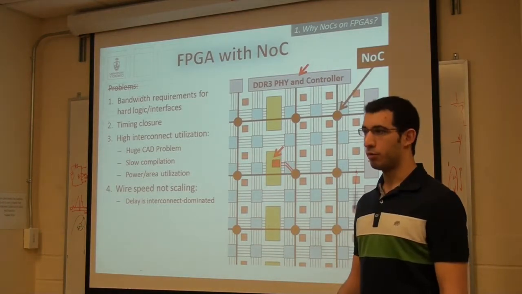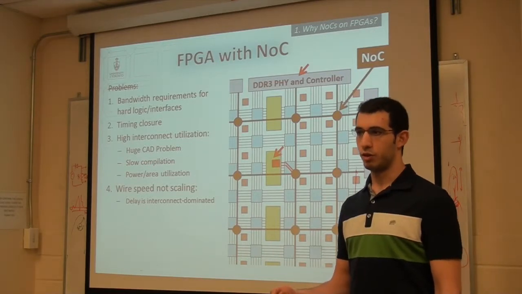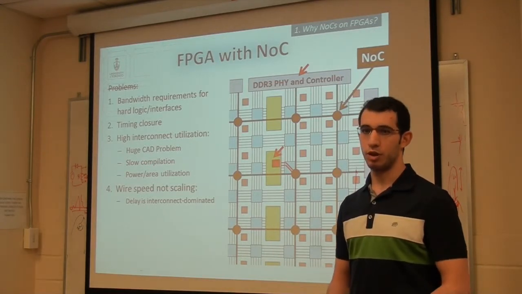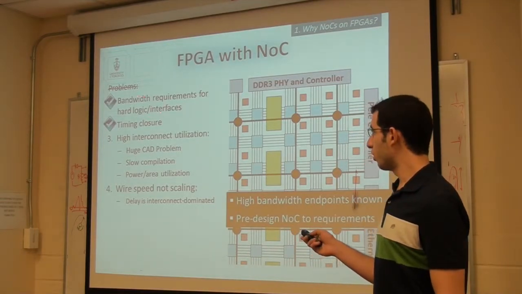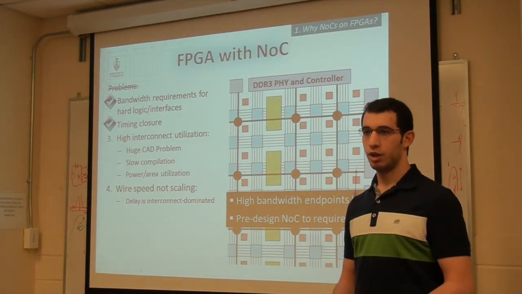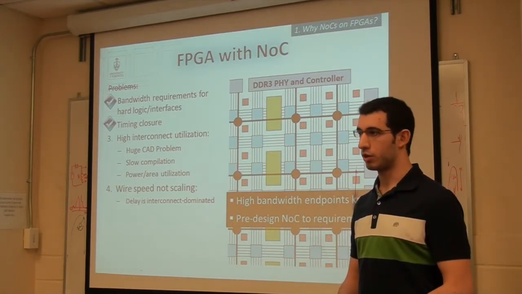Now we still have the problems with the current interconnect listed here, and we'll see how we can solve them, or mitigate some of them, using the network on chip. So for the first two problems, we know where this high bandwidth is coming from. It's mainly coming from these hard I/O interfaces like DDR or PCI Express.